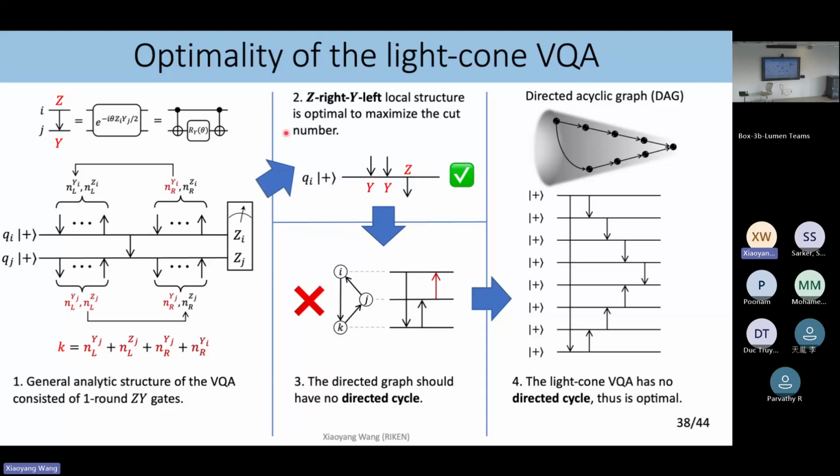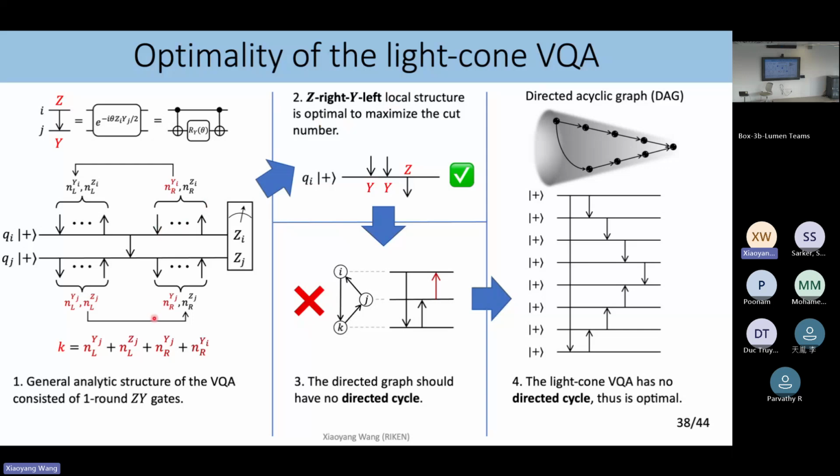Theoretically, we can prove that this Latcon arrangement is optimal for deriving a higher performance guarantee. This is the logic chain of how we prove this optimality.